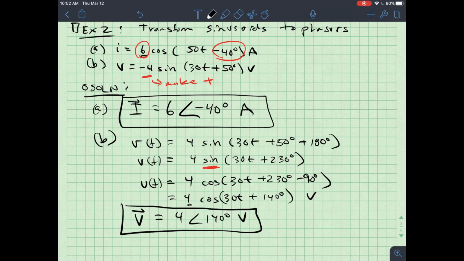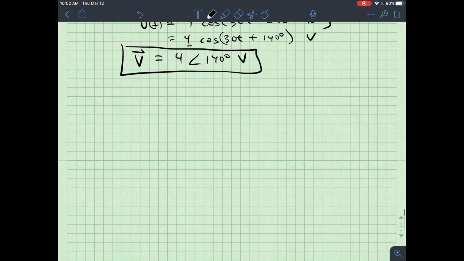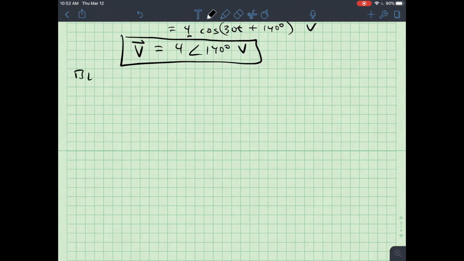All right, now we can go in the opposite way, where we can find sinusoids if we're given phasors. So that's example number 3. Example 3 is find the sinusoids from the phasors.